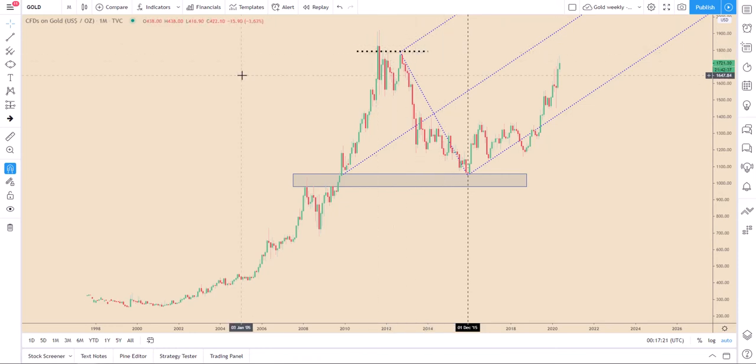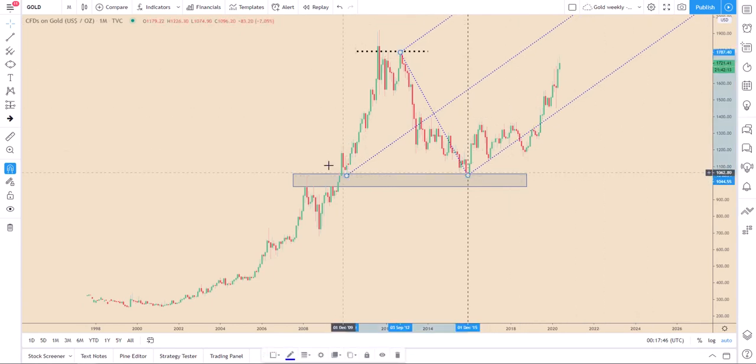Maybe in this case, we'll ignore the fact that we got these spike highs, and we'll treat this high, that's mid-October of 2012, as the pivot point for our fork, and then let's get that orange origin there.